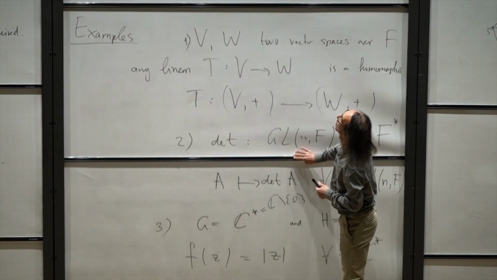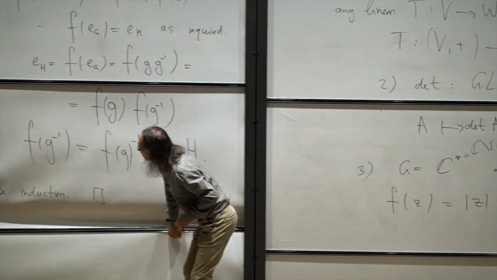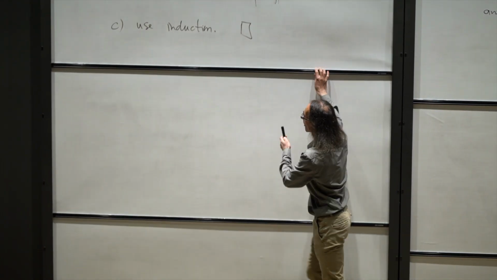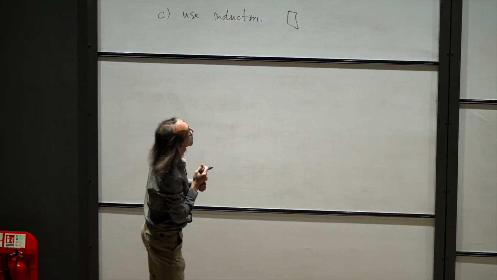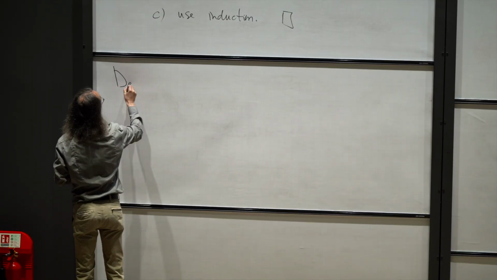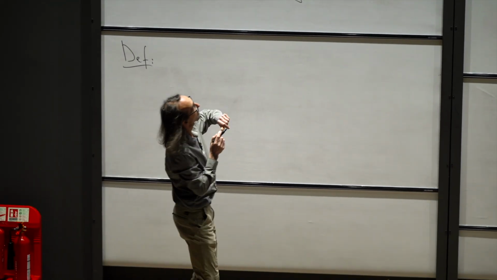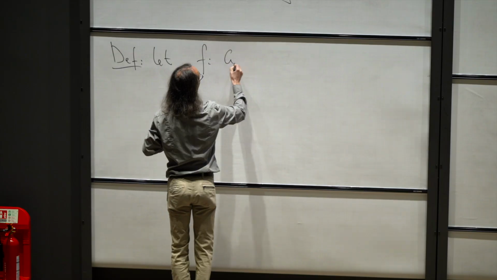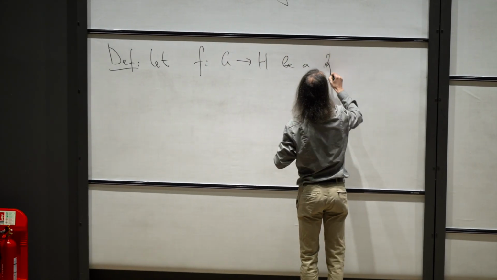Now we can further expand on the definition of a homomorphism by specializing what this homomorphism will be. So let's do another definition. Let f from G to H be a group homomorphism.